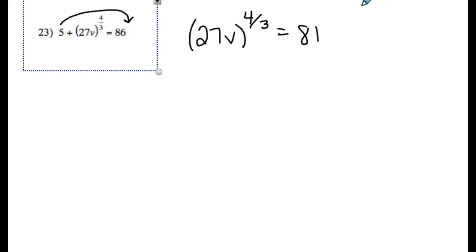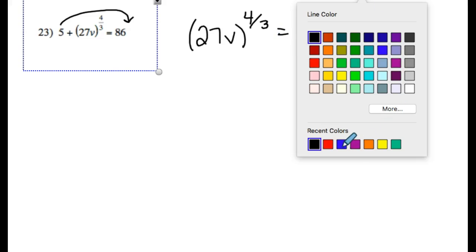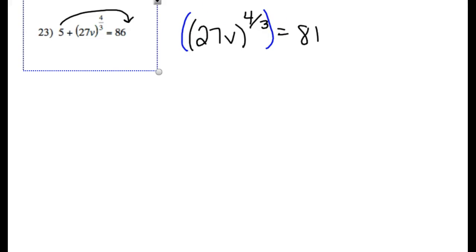So if we look at this, the first thing I'm going to do is move my 5, which means I have 27v to the 4/3 is equal to 81. When I take the reciprocal of my exponent, my reciprocal becomes 3/4.